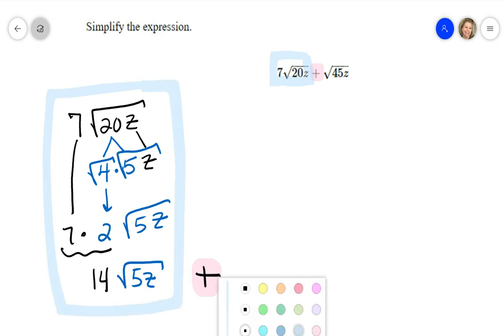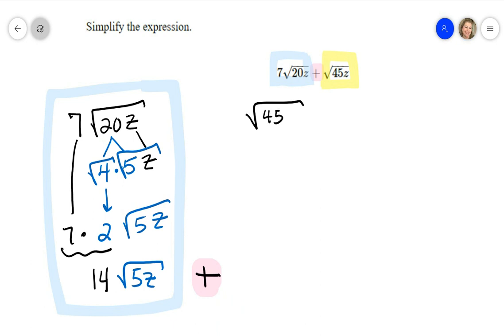Now I'm going to come over to the square root of 45z, and I'm going to mess with that. Now 45 is not a perfect square, but 45 is 9 times 5, and 9 is, like I said, square rootable. That's not a real word. That's an Aprillism. I made that up. I can take the square root of 9.